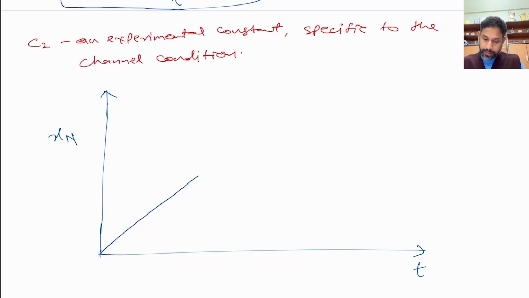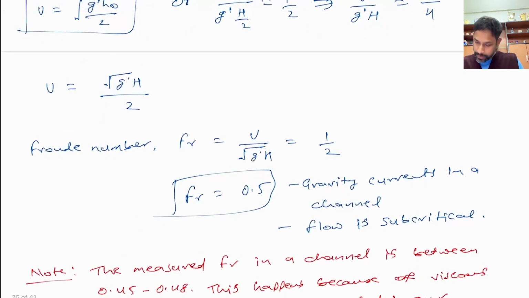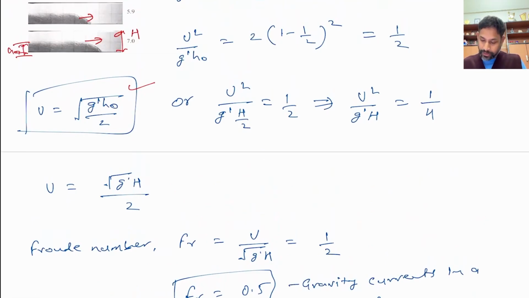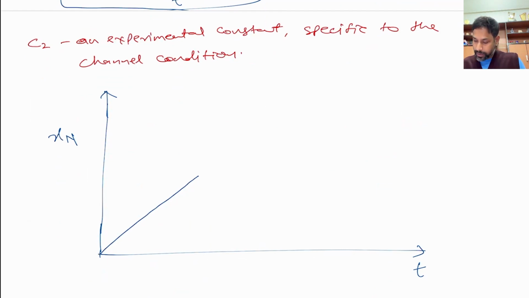As we have seen in the previous model, the velocity is constant, not a function of time, right? Velocity is constant in case of continuous injection, and that is why xn will simply increase linearly with time, right?